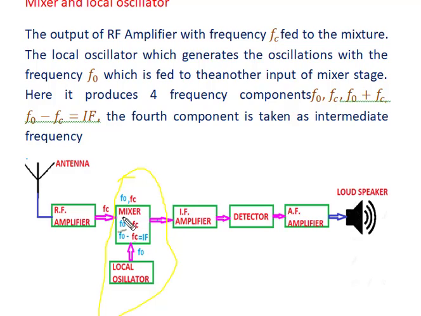The mixer has two inputs: F0 is fed here and Fc is fed here. So here it produces four different frequency components: F0, Fc, F0 plus Fc, and F0 minus Fc. The F0 minus Fc component is taken as the intermediate frequency.